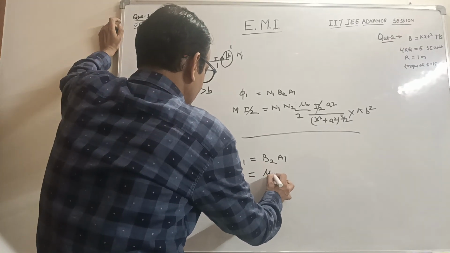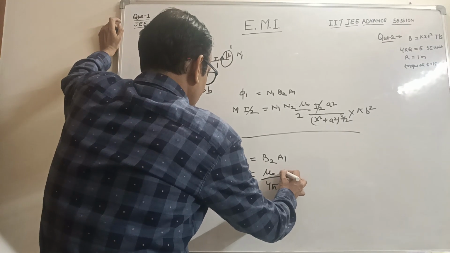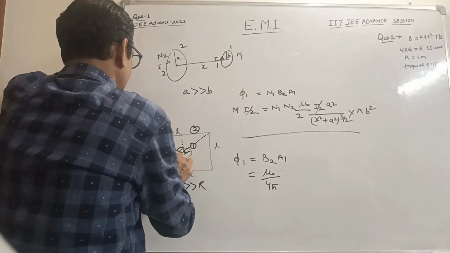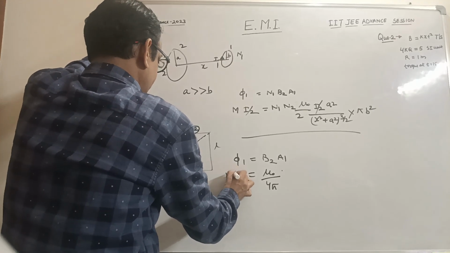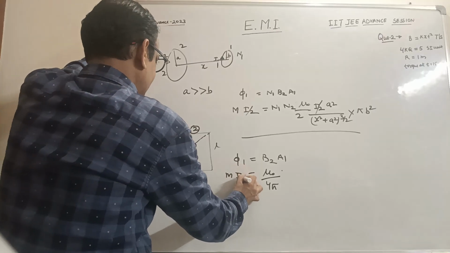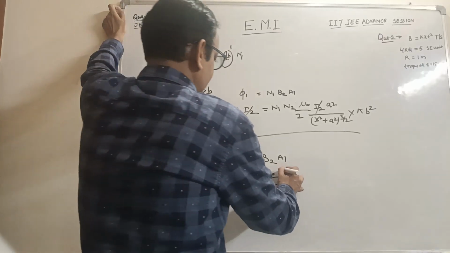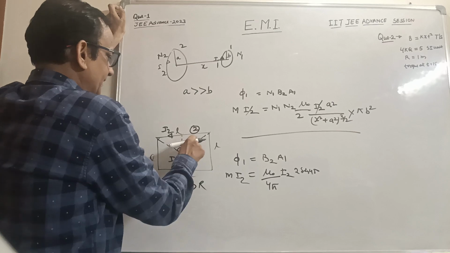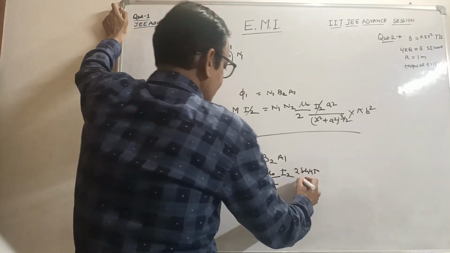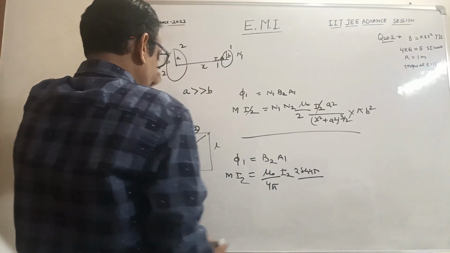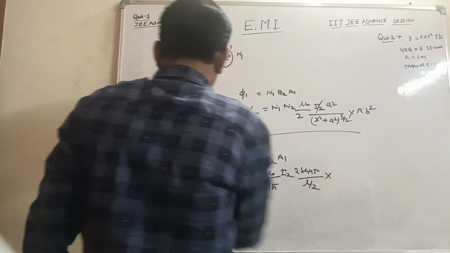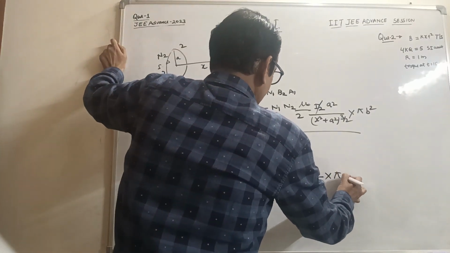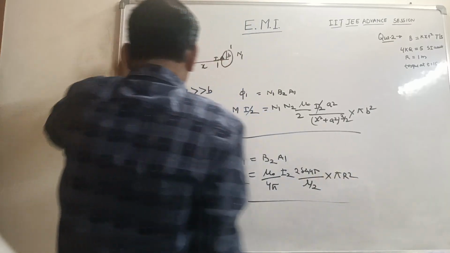So the field would be mu naught upon 4 pi, I2, 2 sin 45 upon L by 2, since sin theta plus sin theta is 2 sin theta, and the area of the loop is pi r square, small r or capital R.